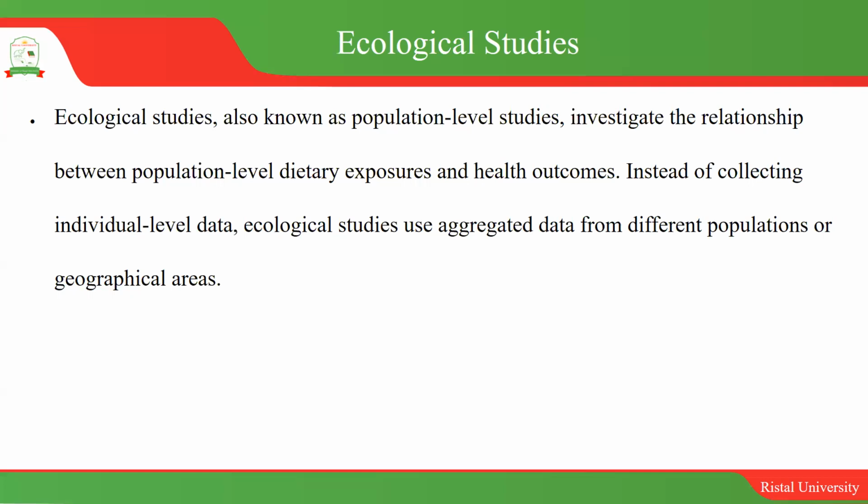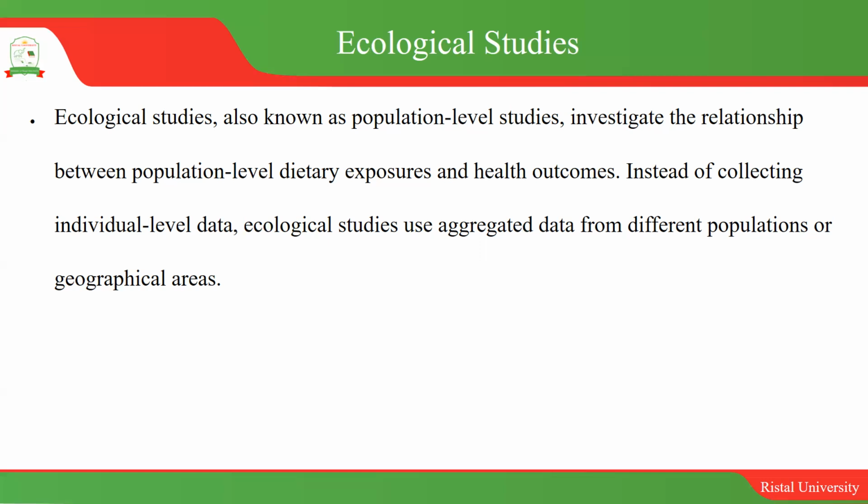So, for example, we look at data from a given state and ask how many people have hypertension in this state. We basically look at the data that is already collected, and then compare that data with another state, perhaps, and make conclusions based on the populations that we are investigating.